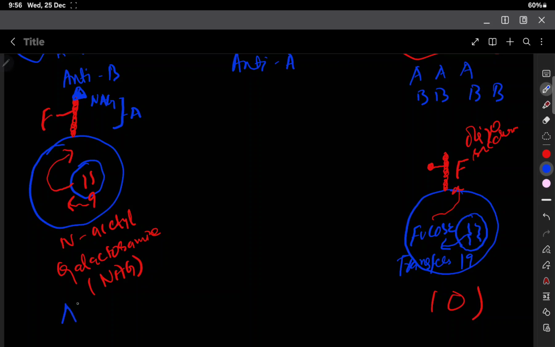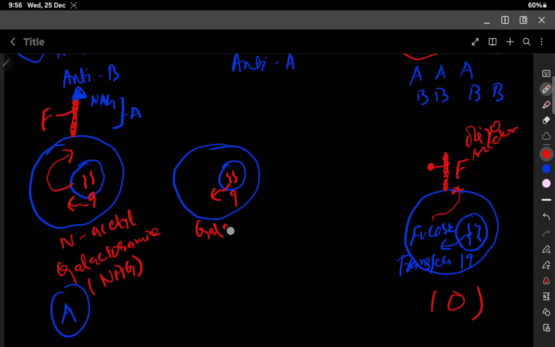This was blood group A. Now we will go to the second one, blood group B. This is blood group B, same chromosome number 9. This chromosome number 9 encodes for galactose transferase.